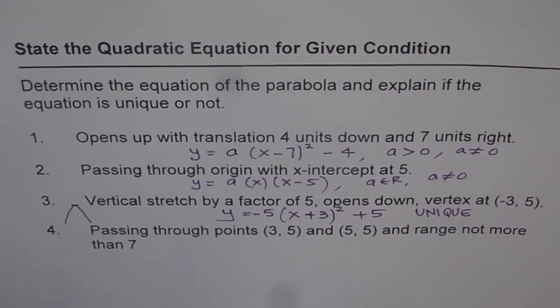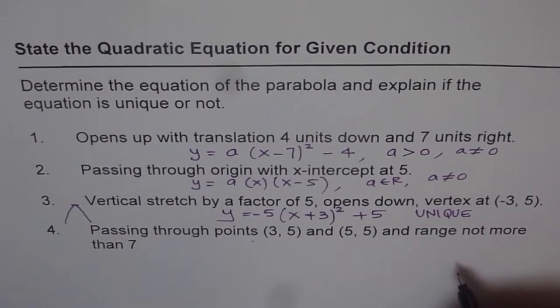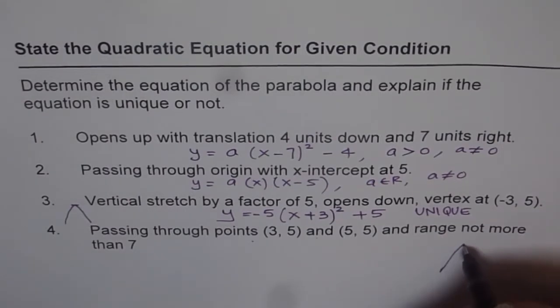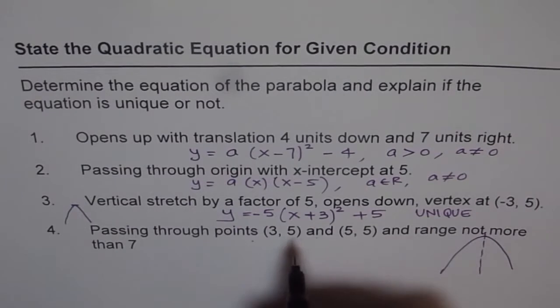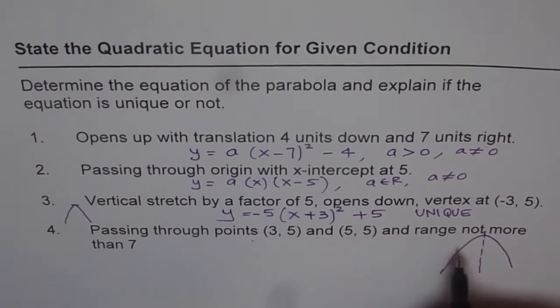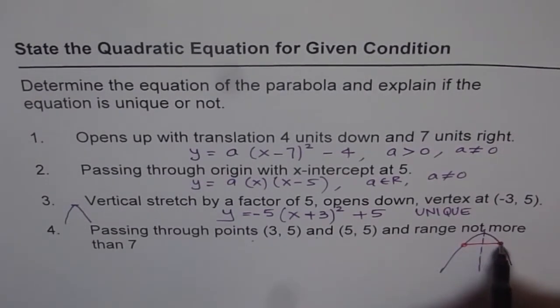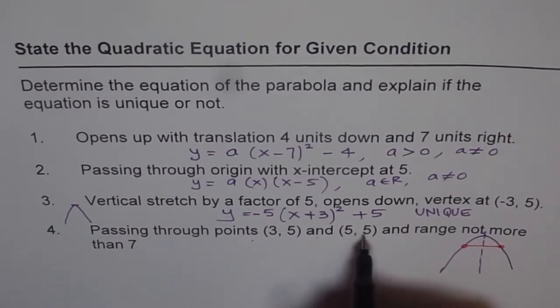The last one is passing through the points 3, 5 and 5, 5 and range not more than 7. Range not more than 7 means it is less than or equal to 7. It's kind of like this, right? So here, how do you find the vertex? We are given 2 points here, at 3, 5 and 5, 5.